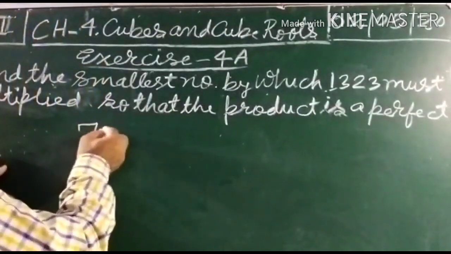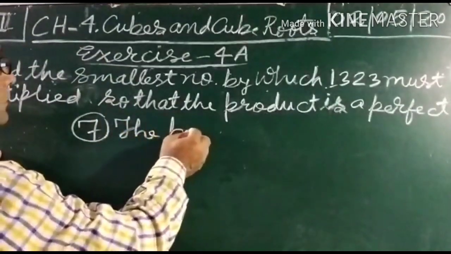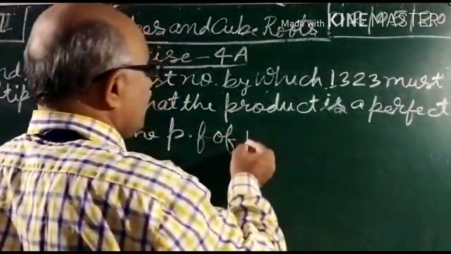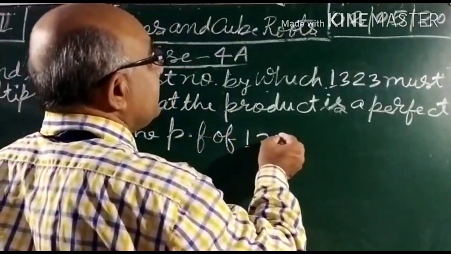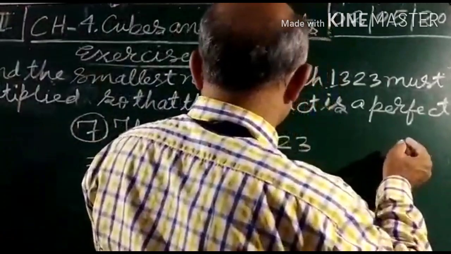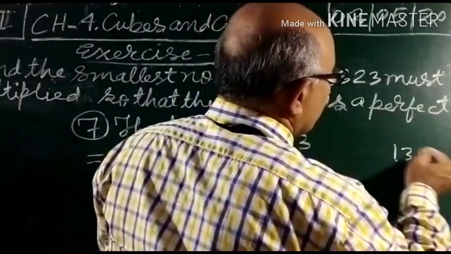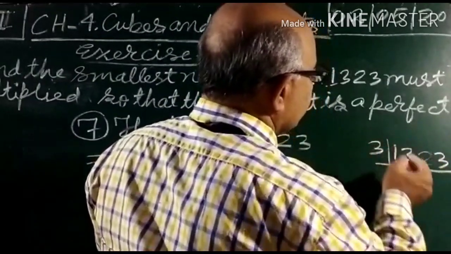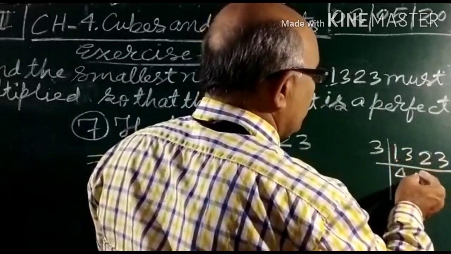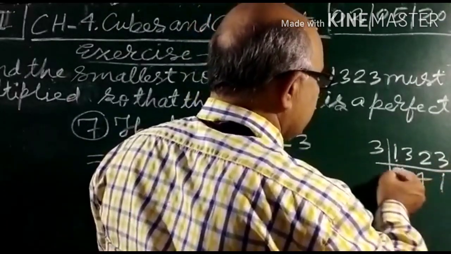So find the PF of 1323. 3 times: 3 fours are 12, 1 to 12, again 3 fours are 12, 3 ones are 3.